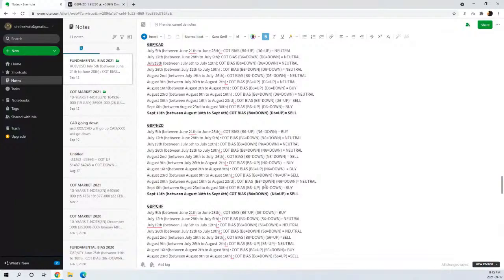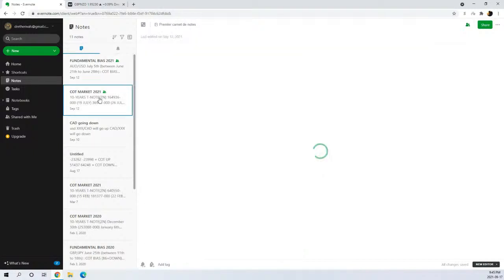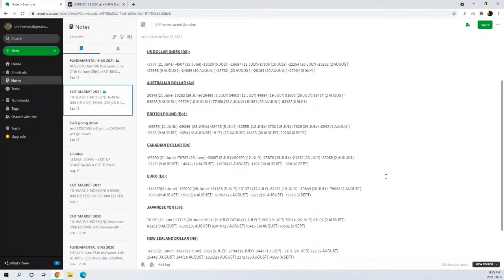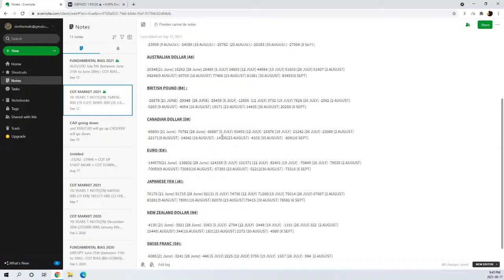And you want to know the reason why it was a buy, specifically for this one. If we go back to the data, the British pound commercial, two weeks before, was 4,435, and the week after 20,266.